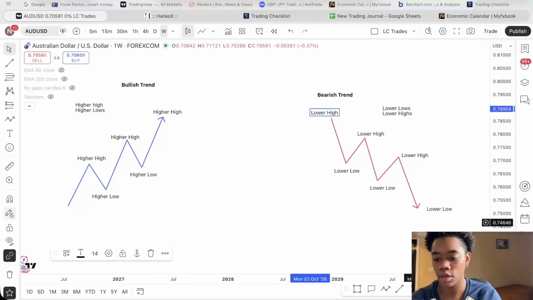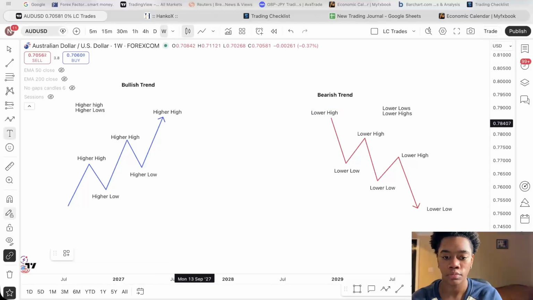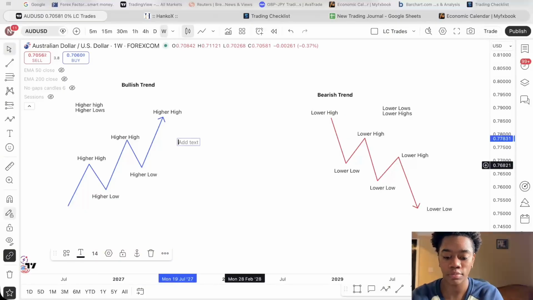So what helped me is honestly, for the bullish, everything starts with an H. I wish I could make this H bold. Wait, can I?